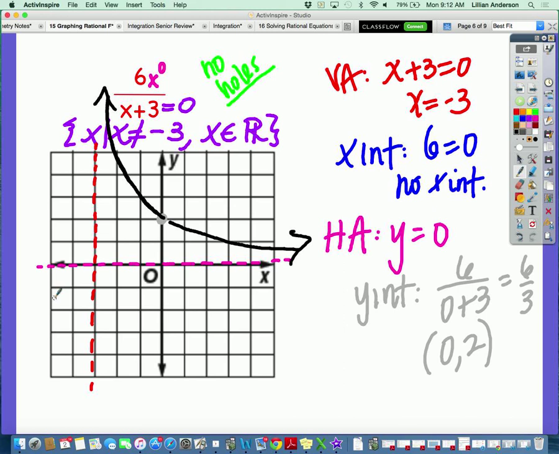So it's always diagonal when you have a horizontal and vertical asymptote. If you're ever questioning where the other piece is, you can always plug in a point to the left of the vertical asymptote or to the right. So if I plugged in -5, this would be 6 over -2, so it would have to go through that point.